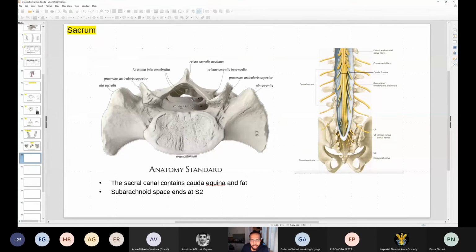It's large and capacious, and it's very important because it contains the cauda equina. The cauda equina is when you have the cord, the actual cord ending with the conus medullaris, and some small nerves continue to extend throughout the thecal sac. So this is the sac, this is the dura, and this is the spinal cord, and it ends here.